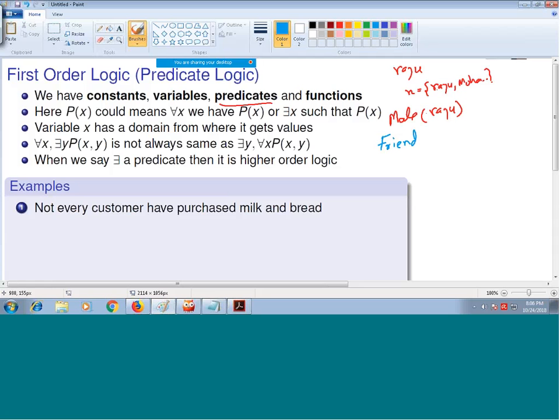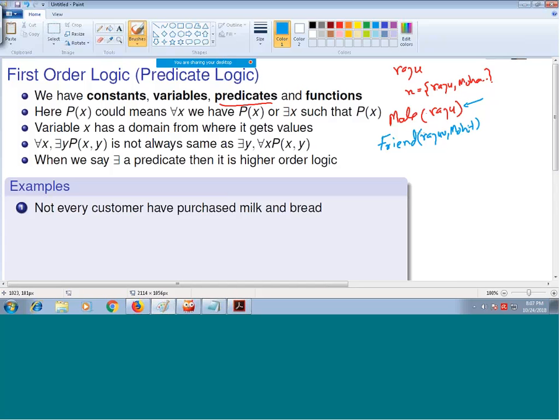It may also be possible that Raju is not male, and then this predicate would be false. So a predicate could be true or false. Say the predicate friend is given to you, and I say Raju and Mohit, so they are friends.